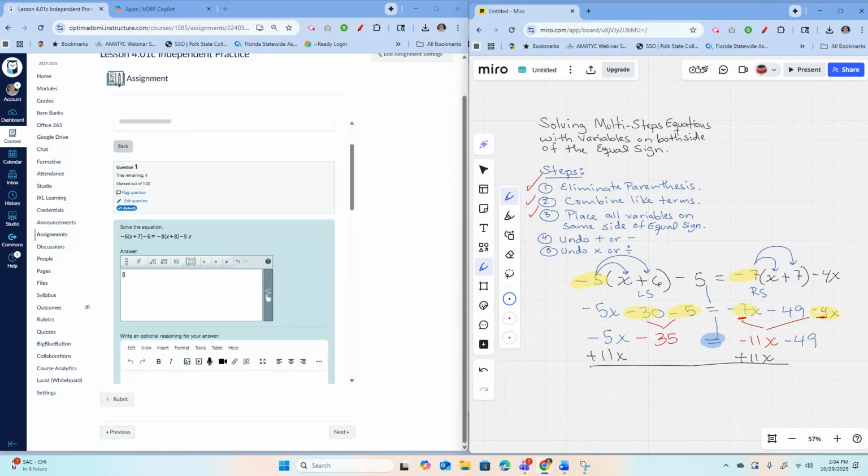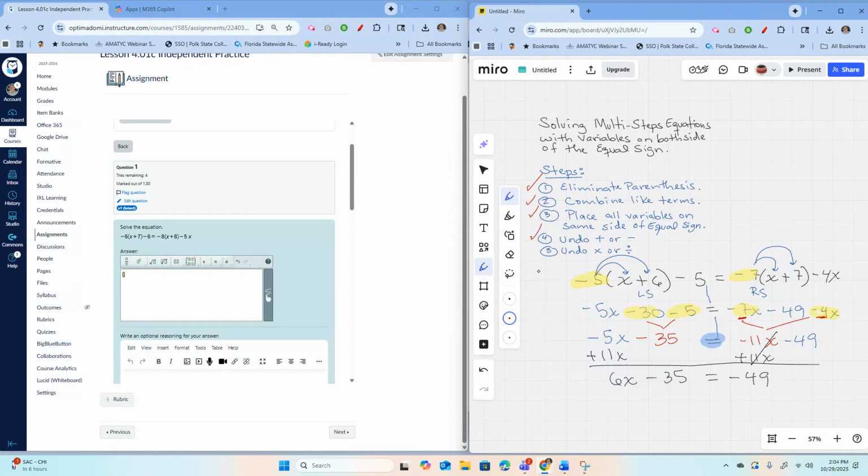So now I'm going to put this long line, and -5 plus 11 will give me 6x. I'm going to drop the -35. I'm going to drop the equal. And when you do -11 plus 11, that gives you 0. So that means that we're going to cancel this out and we still have -49.